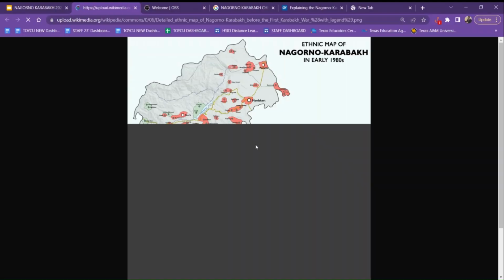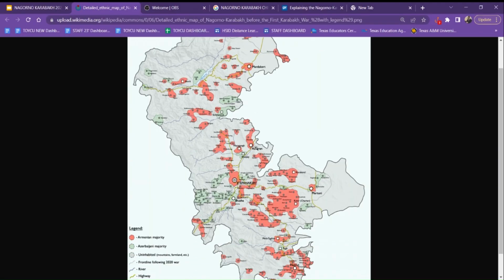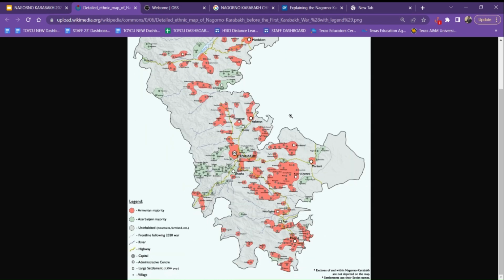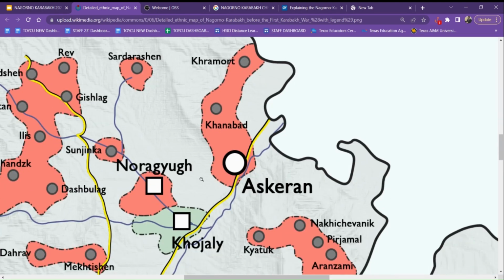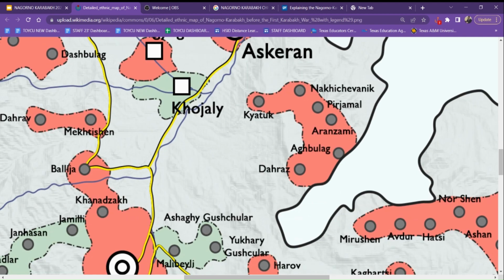I would like to show you another map for you to understand. As you can see here, this is in 1980. The red areas show the Armenian population.